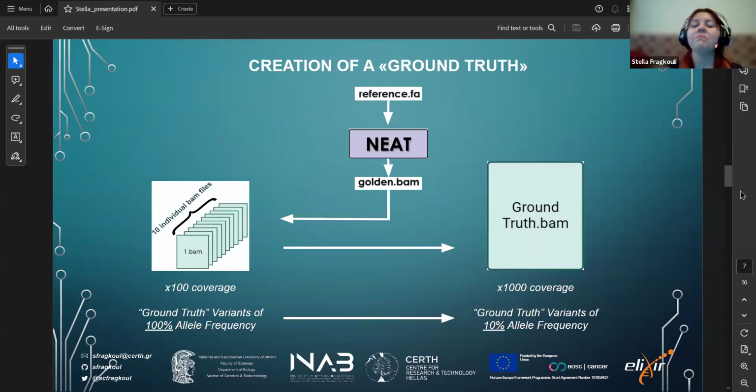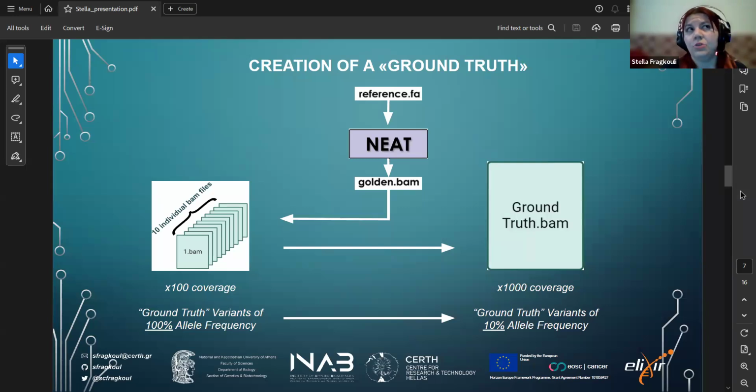I looked around and found an algorithm called NEAT, which seemed cool and was easy to play around with. What I did was present it with a reference FASTA file, specifically for the TP53 gene, because it plays an important role in precision medicine, and also it's quite small.